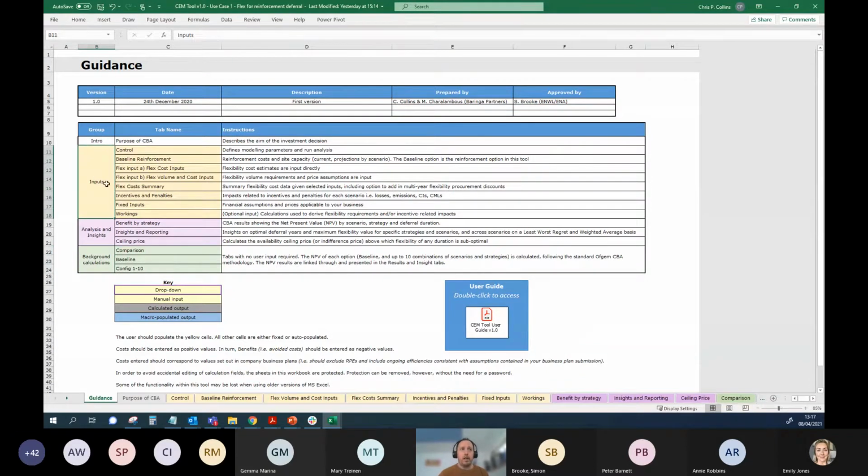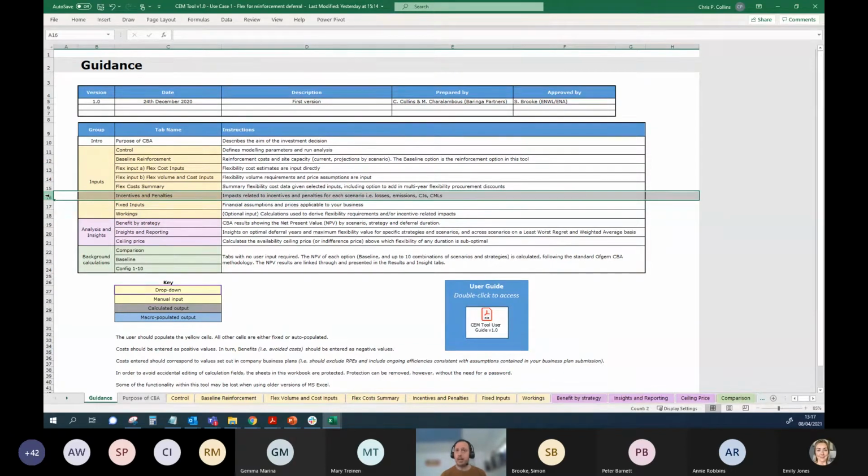In terms of the inputs, what we're putting in really is a series of costs and or volumes associated with what we're calling a baseline reinforcement scenario, and then a corresponding equivalent set of inputs relating to the flexibility solution that you're putting in. There's a couple of different ways of doing that, which we'll go through. There's then a tab that describes any incentives and penalties that are relevant to the DNO.